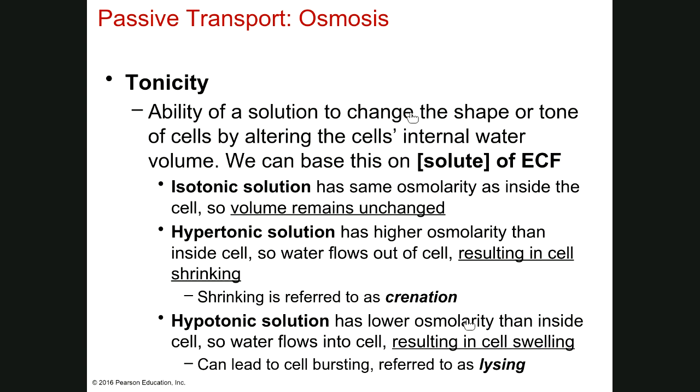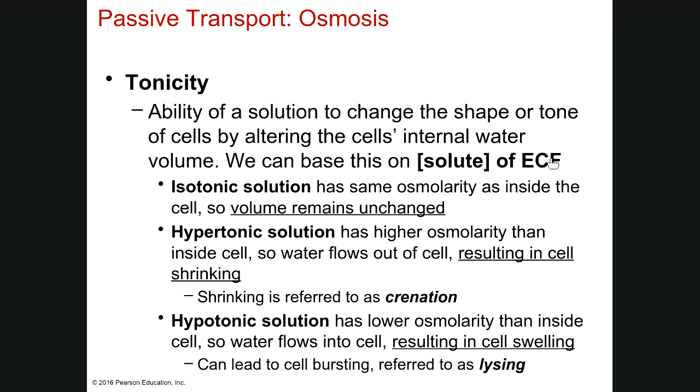So again, another term related to all this: tonicity. Tonicity is kind of similar to osmolarity. Tonicity is referring to the concentration of solute in the ECF. That is your key.